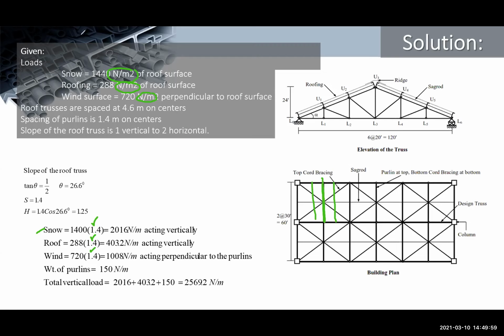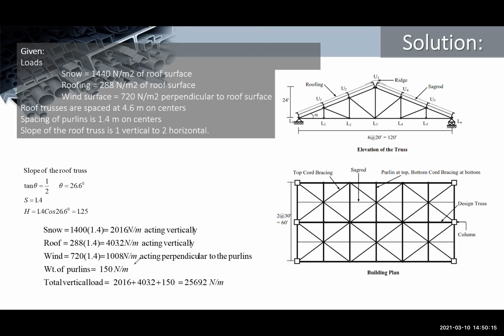So, for the snow load, a single purlin is subjected to 2.1 kilonewton per meter. The roof is 0.4 kilonewton per meter. The wind is 1.08 kilonewton per meter.